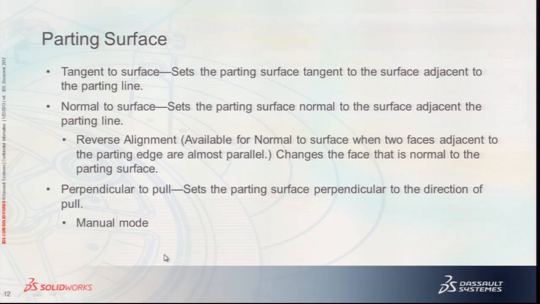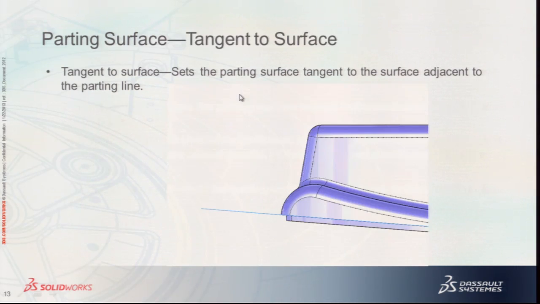Basically the difference between the 3 is you have this tangent to surface. This is if you're having something like this, one of the example parts I'll be showing later. Our direction is up and down, but it has an angled face that's the bottom face. It's sort of a housing of some sort.